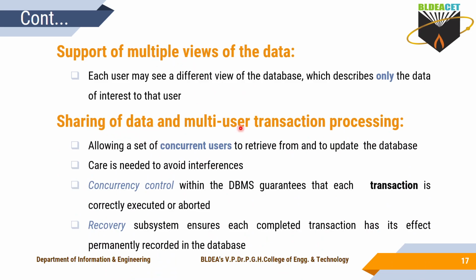Sharing of data and multi-user transaction processing, allowing a set of concurrent users to retrieve from and to update the database. Care is needed to avoid interference. Means at the same time, more than one user can access the same data, and also they can update the database without interference. For this, I'll take the simple example of booking a bus.